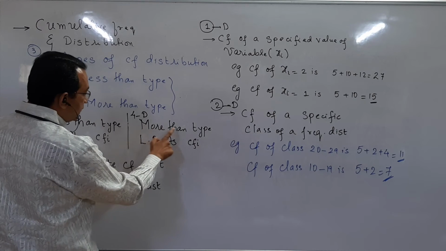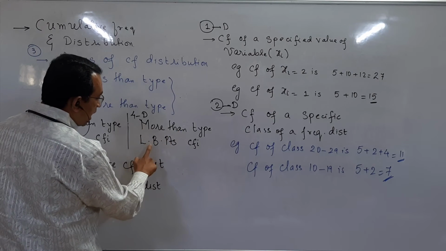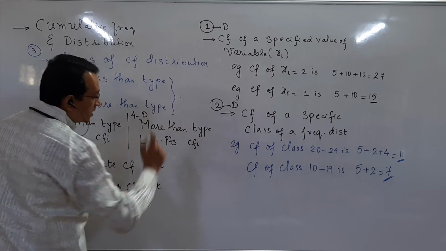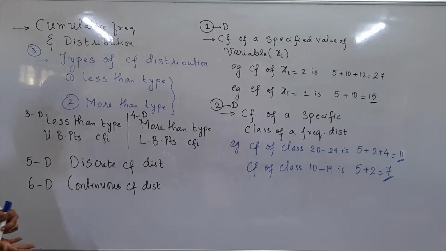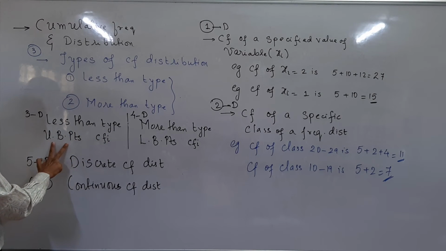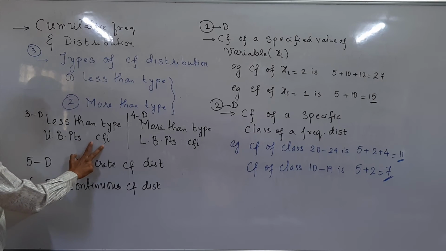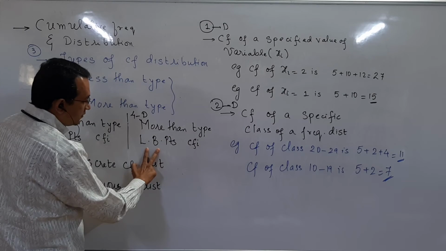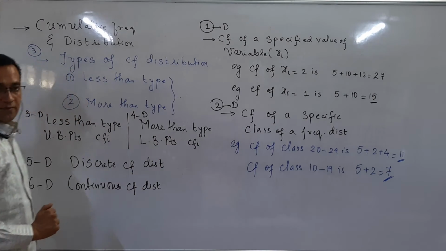And a cumulative frequency distribution involving lower boundary points of classes and corresponding cumulative frequencies is called more than type. I repeat, in less than type we have upper boundary points and corresponding cumulative frequencies. In more than type we have lower boundary points of classes and corresponding cumulative frequencies.